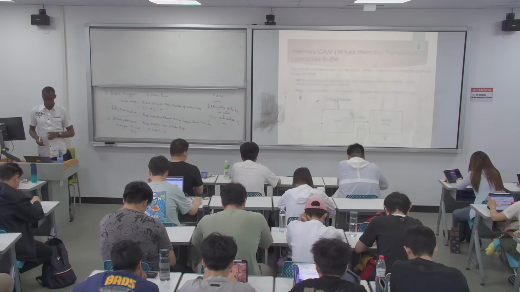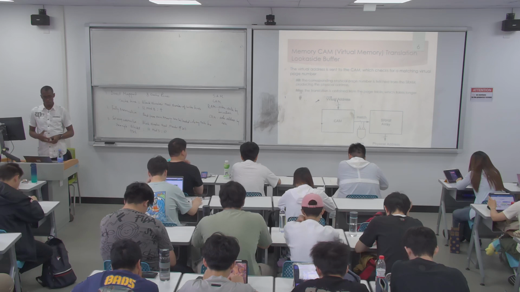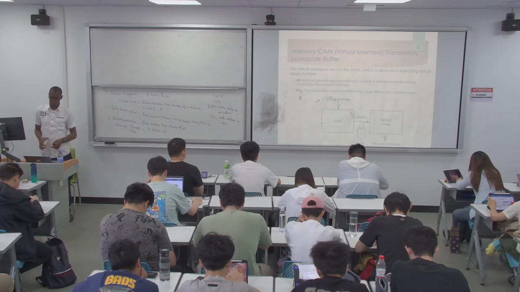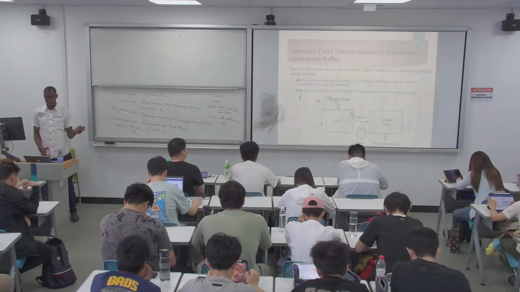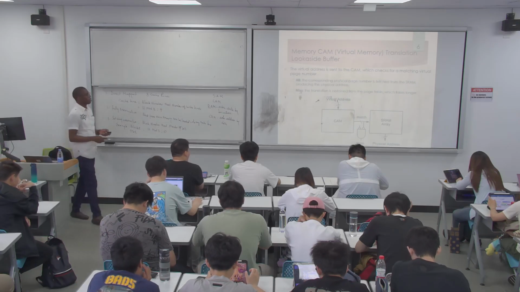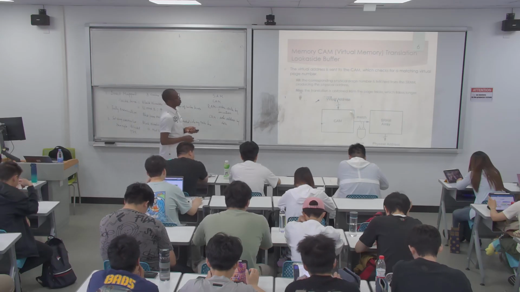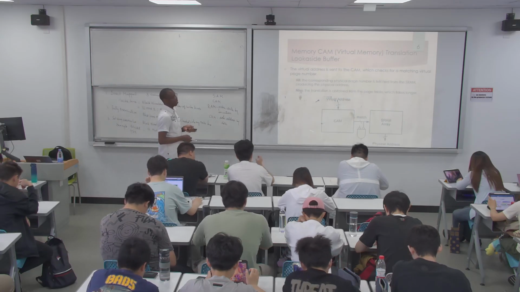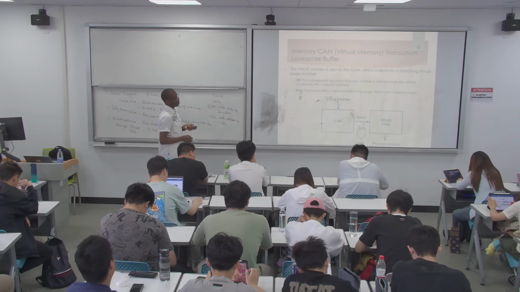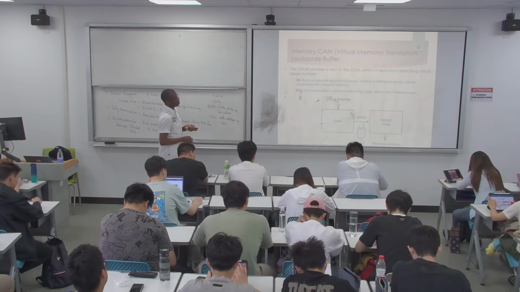Now we have the virtual memory translation look-aside buffer. We need to understand that the virtual address is sent to the CAM, which checks for a matching virtual page number. If there is a match, that means it is a hit.